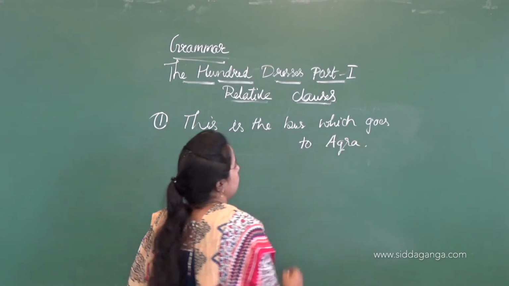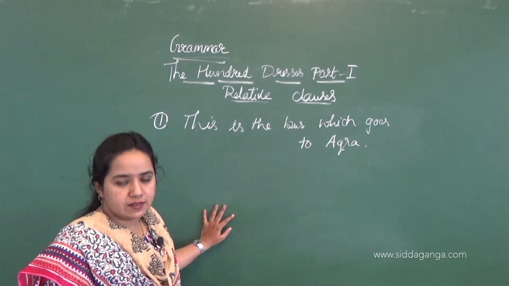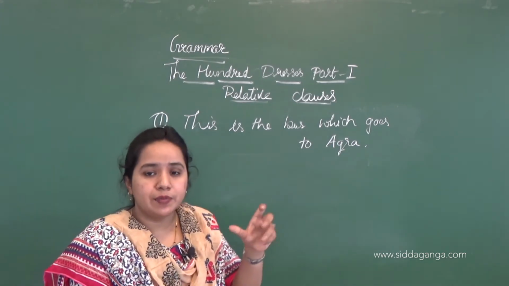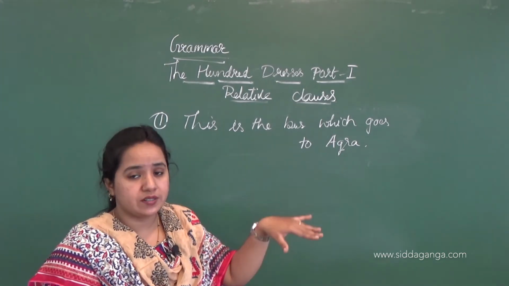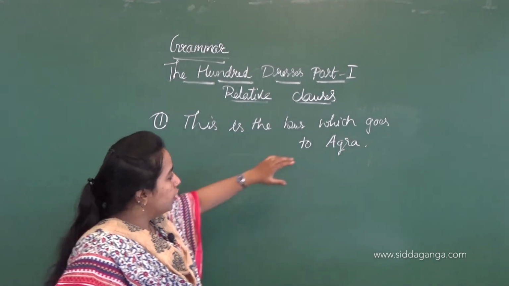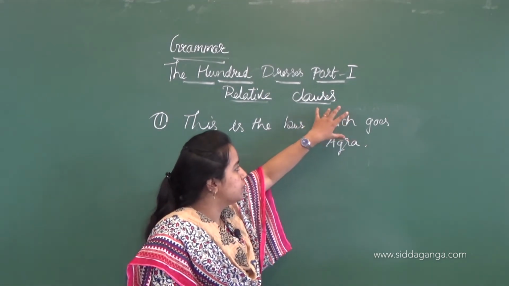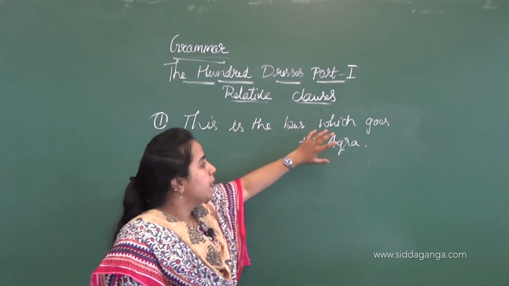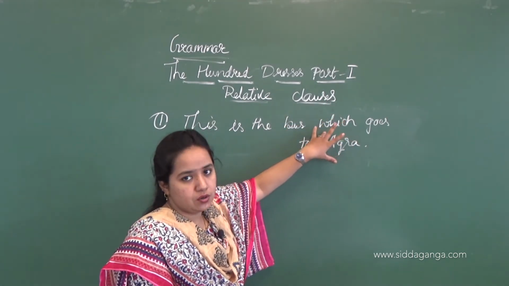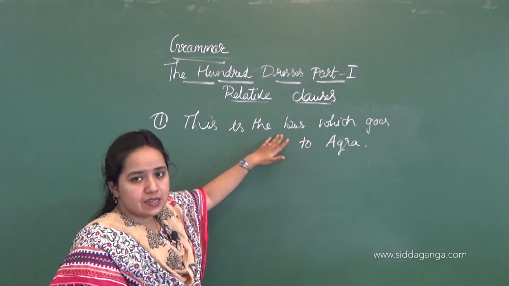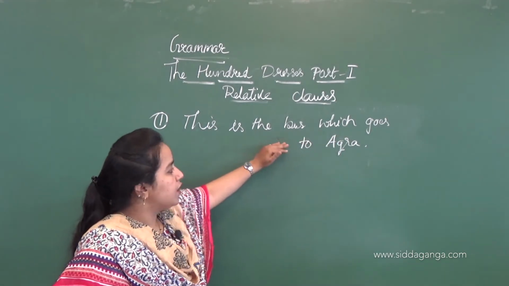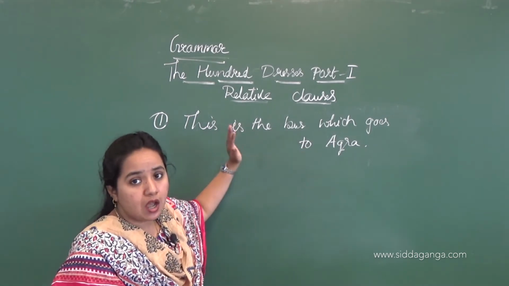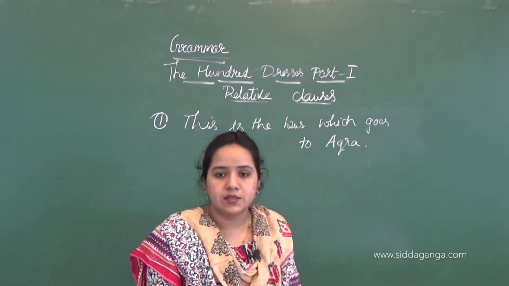So like this we combine the sentences given in the bracket. If we say it in brief, we could ask questions there, but instead we just use this relative clause here. This is not in question form. This part is called a relative clause. We added this sentence to it. So, this is the bus which goes to Agra. It tells about a particular bus, the one which goes to Agra.